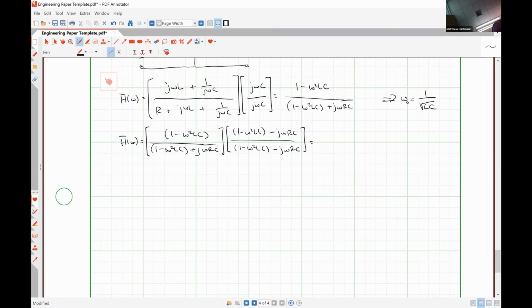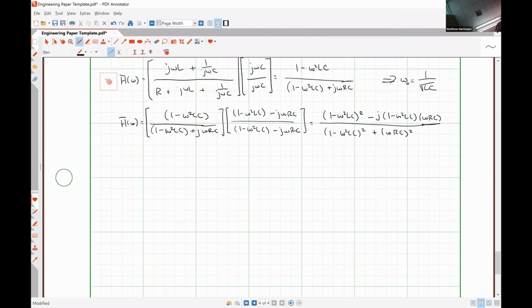This gives us, in the denominator, 1 minus omega squared LC squared plus omega RC squared. And in the numerator, we have 1 minus omega squared LC squared minus j times 1 minus omega squared LC times omega RC. So it's looking very similar to what we saw for our bandpass filter.